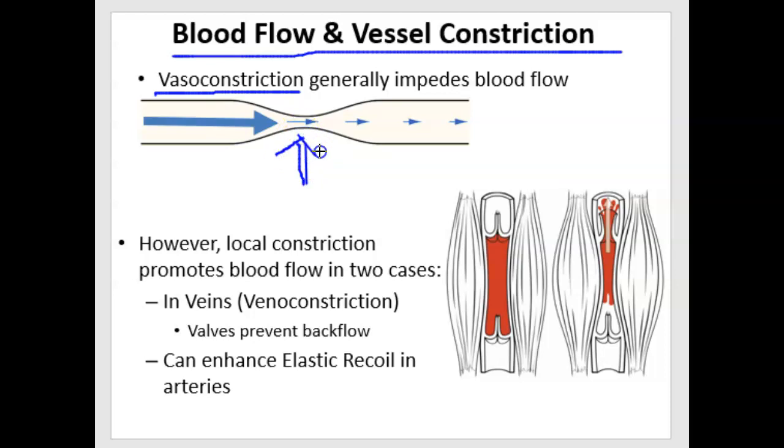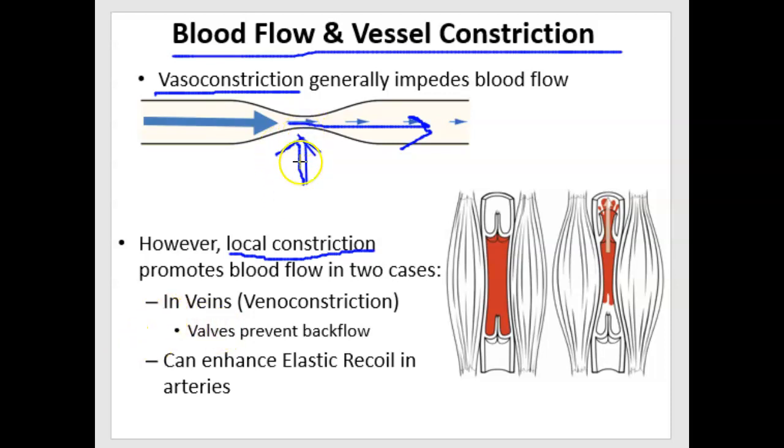Because you have a narrower region. Generally, that's what we think of. However, if this constriction is not widespread and it's just local, like at this one spot, that could promote the movement of blood forwards and kind of give it a push, like elastic recoil in arteries.